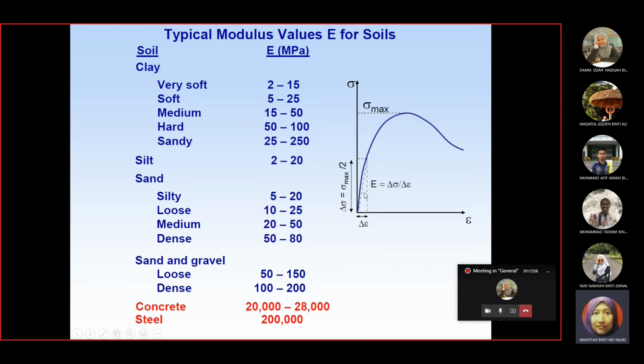So each E gives you a different value, because the Young modulus we get at the initial stage when you apply loading. The tangent modulus is when you are at the maximum or at the peak of the curve. The secant modulus is at 50% of the Young modulus.